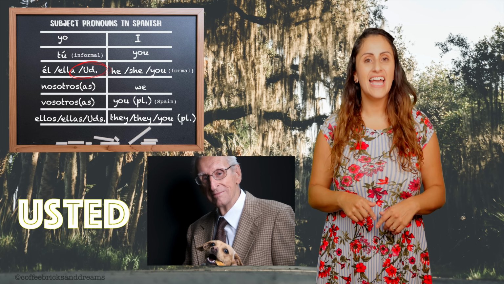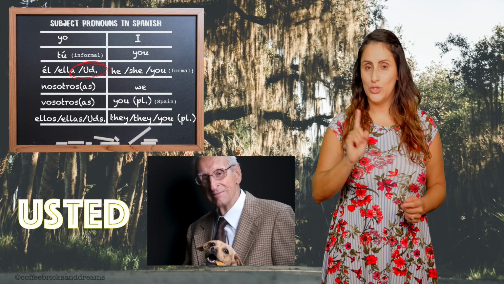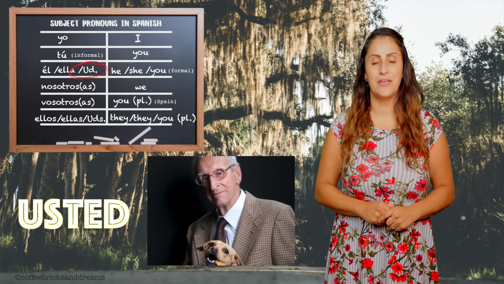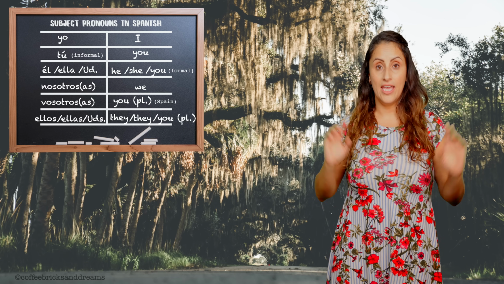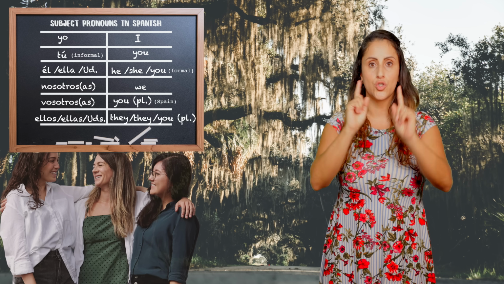Usted. And don't forget that we abbreviated it to Ud. Usted. Muy bien. What if we wanted to talk and say we? And we are a group of all girls. We. What would we say in Spanish? Excellent. You remember the gender.